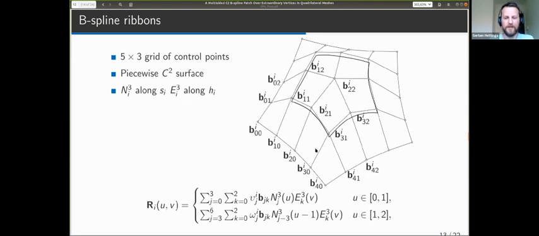Along this parameter direction, parallel to the side, we use the normal B-spline basis functions, and then towards the inside of the patch, we use these extended basis functions such that the ribbon will evaluate to 0 positionally and also differentially over here.